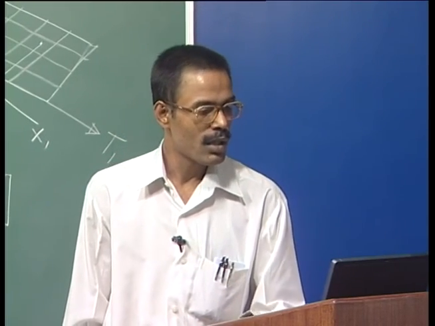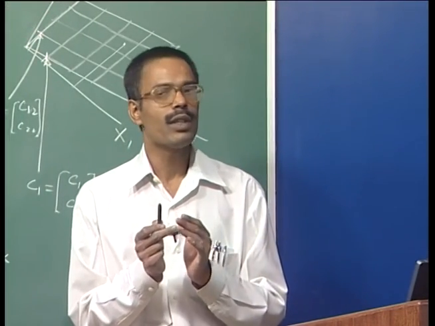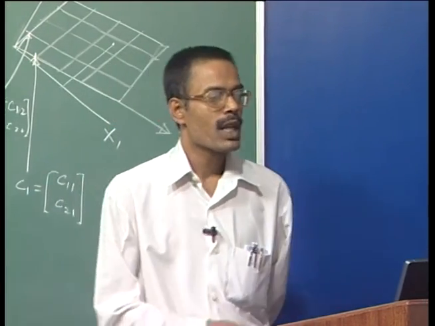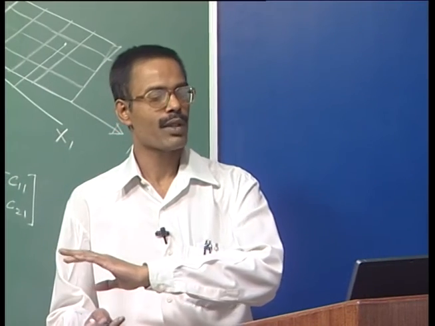For the time being, we summarize the important points that must be noted from this lesson. The important issues are: first, the concepts of the range and null space of a linear transformation; second, effects of change of basis on representation of vectors and representations of linear transformations from one vector space to another vector space.